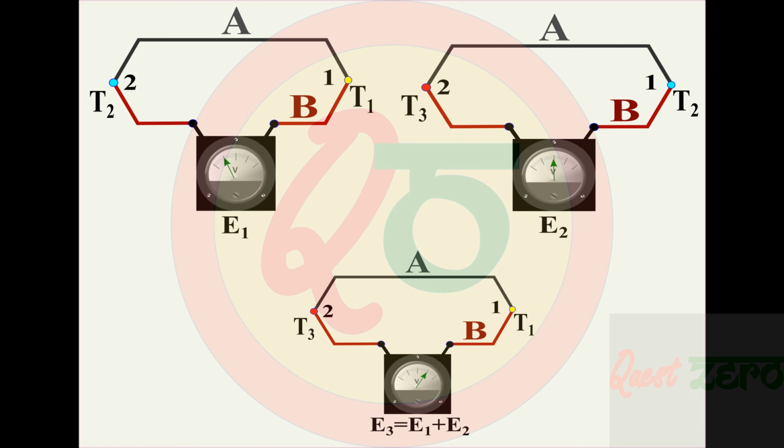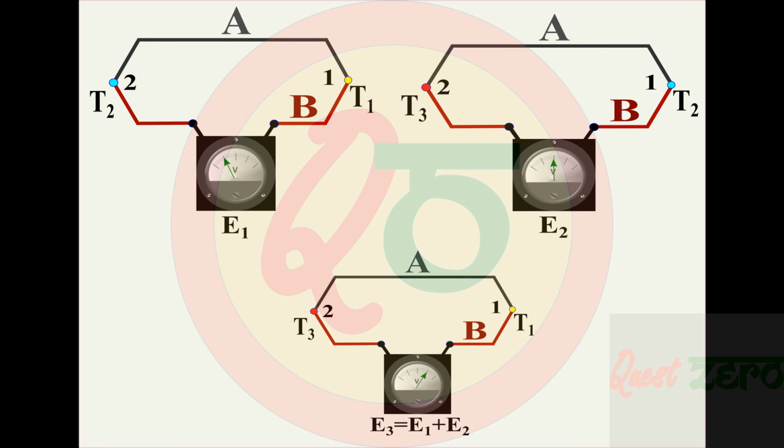Okay, so it creates 5 volts. But when the junction temperatures are now at T2 and T3, T2 being cool and T3 being the hottest, then it creates an EMF equal to 10 units, which is shown in figure 2.